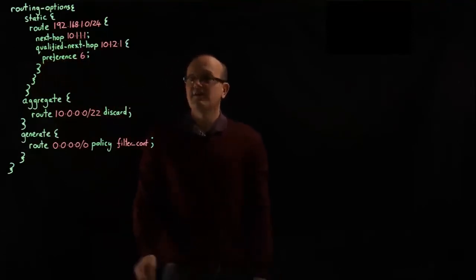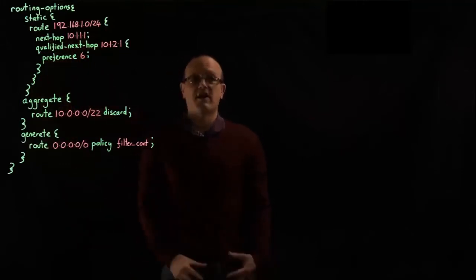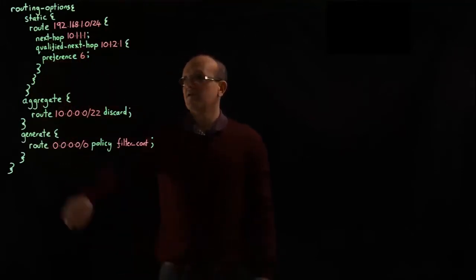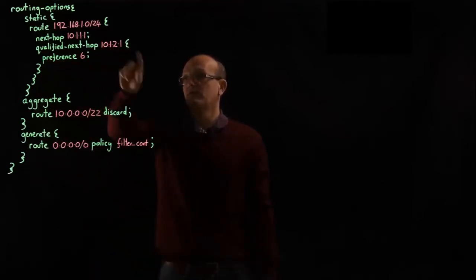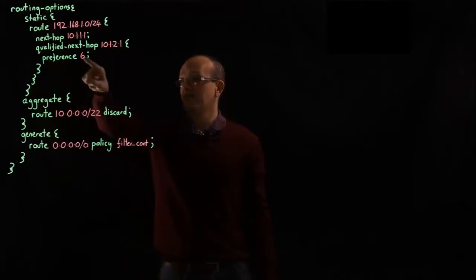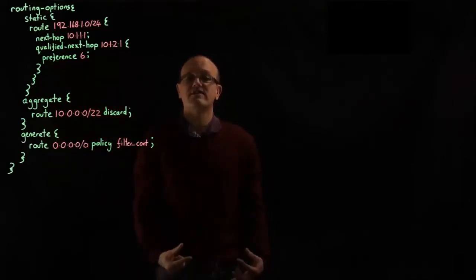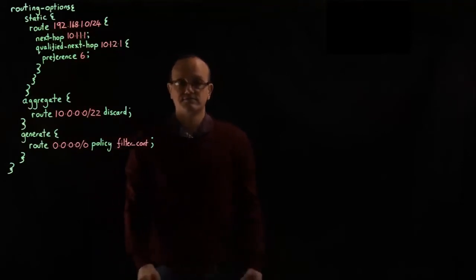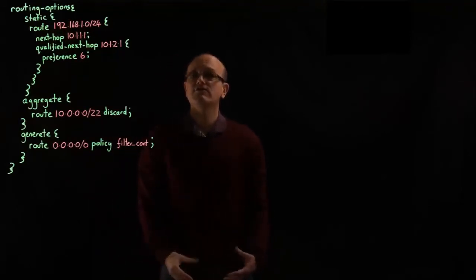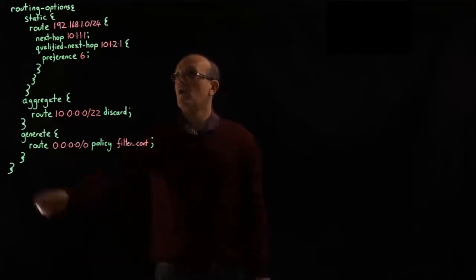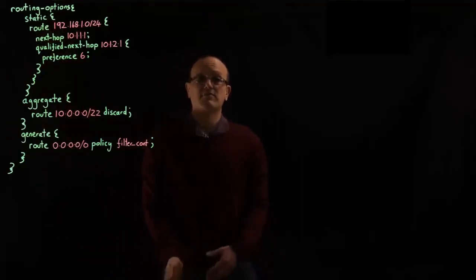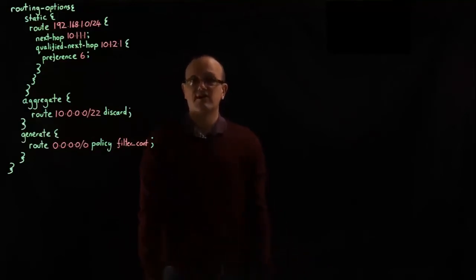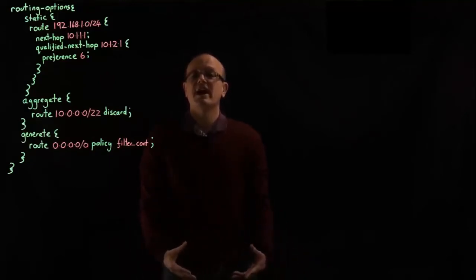In cases of failure, where this next hop is unavailable, we then start to use the qualified next hop that we've specified of 10.1.2.1, because we've specified a preference of 6, which is greater than the default preference of the static route. If we wanted to alter the defaults of all static routes from, say, a preference of 5 to another preference value, or another metric value, we can do that.